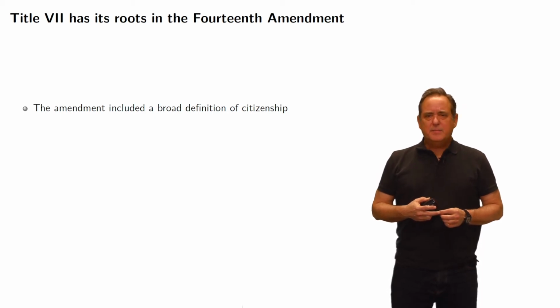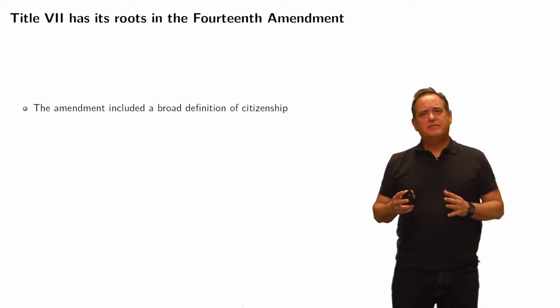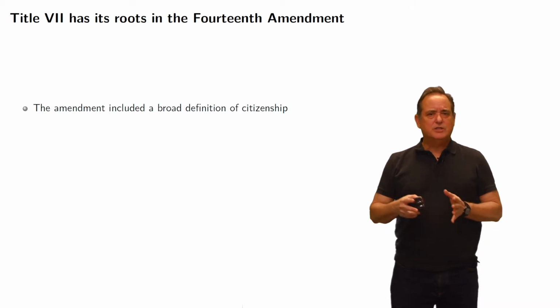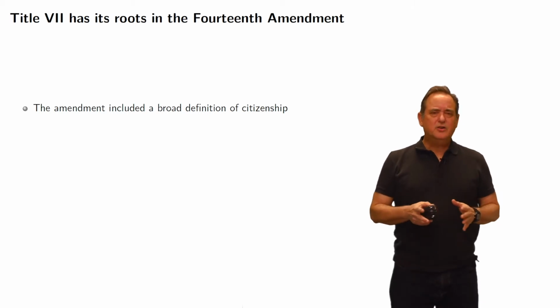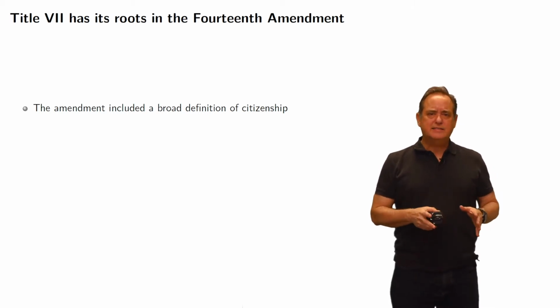Now, the 14th Amendment was an amendment that was passed after the Civil War, and the 14th Amendment fundamentally changed the nature of the United States. When you're looking at United States history, you can look at really two United States.